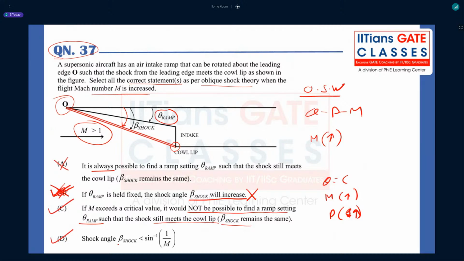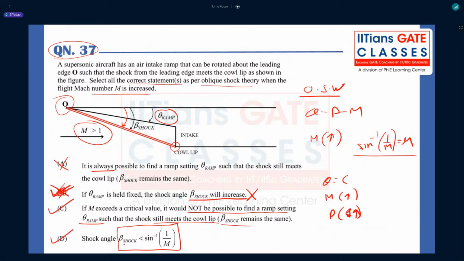And finally D, which says beta is greater than sine inverse of 1 by M. If you remember, the sine inverse of 1 by M is nothing but your Mach angle. This is the weakest wave you can have, and we already discussed that the limit of an oblique shock wave is mu, the Mach cone angle.